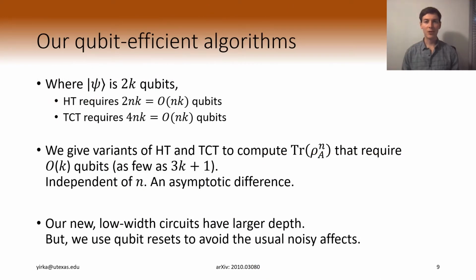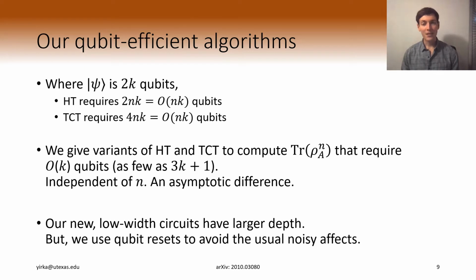This brings us to our new algorithms, which we refer to as qubit-efficient. Given that the state is 2k qubits, both HT and TCT require a number of qubits that's linear in n and in the size of the state. We give variants of both HT and TCT, which require a number of qubits linear only in the size of the state.